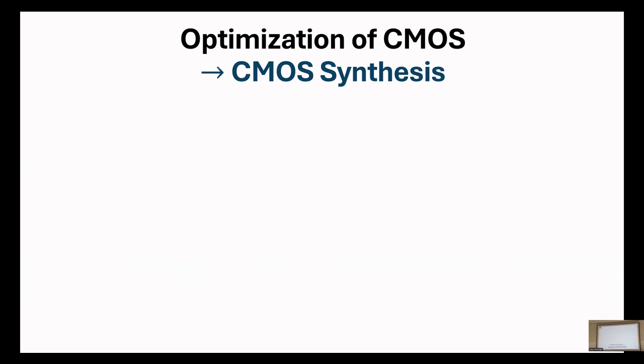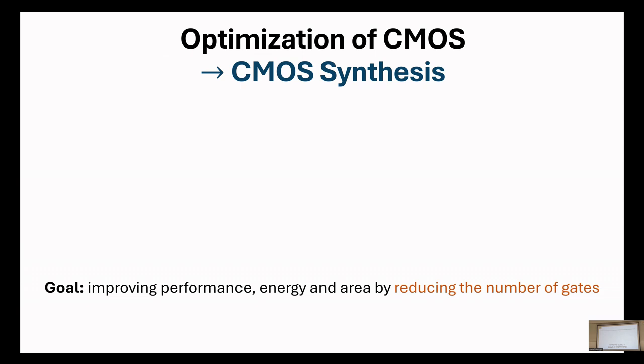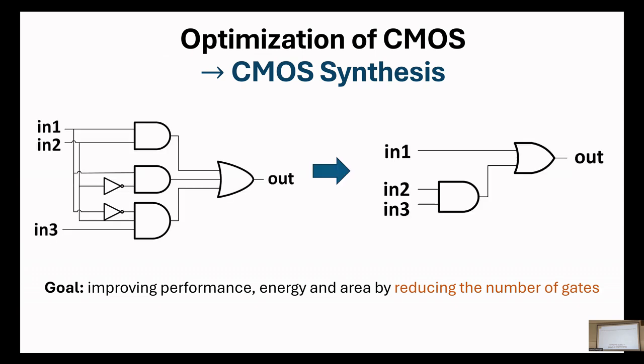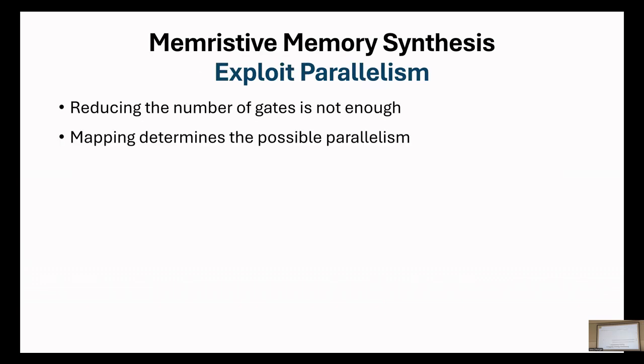But why can't we just optimize it the same as the CMOS? When we synthesize the CMOS, we want to improve the performance, energy, and area by reducing the number of gates. So for example, if this is the circuit we have, we will synthesize it, and this is what we'll get. But with memory stores, it's not the same thing.